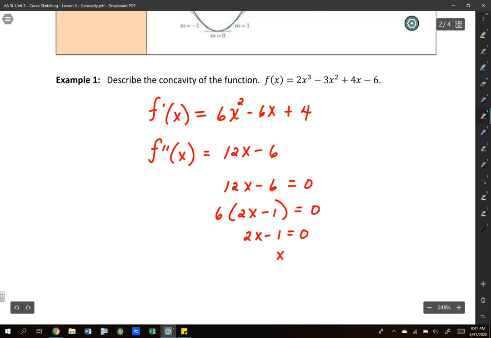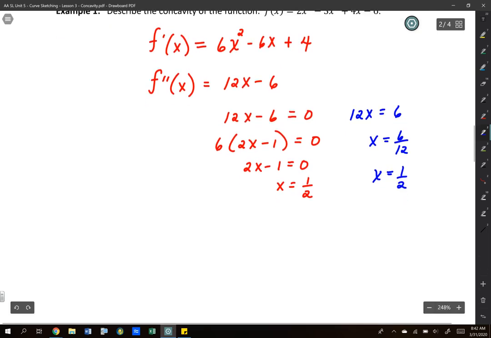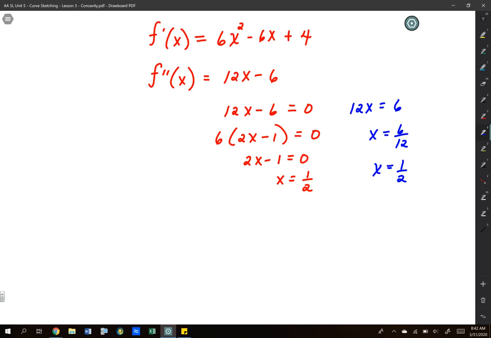I'll get x equals a half. Alternatively, you could have said, 12x equals 6, x equals 6/12, which means x equals a half. Either way is fine.